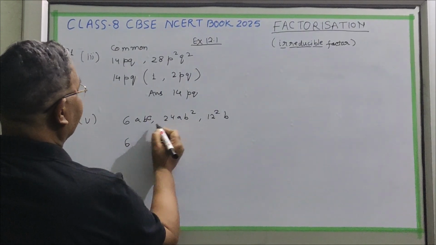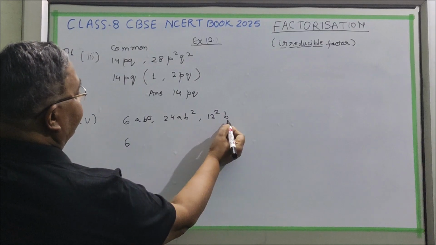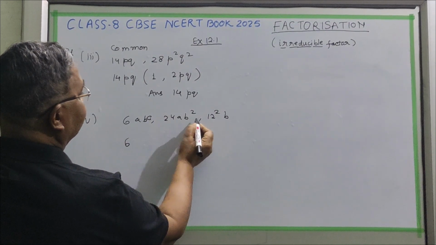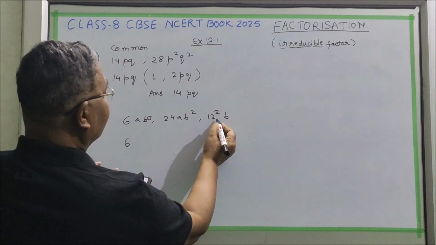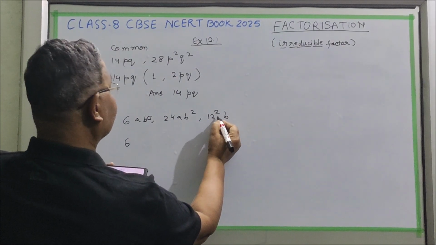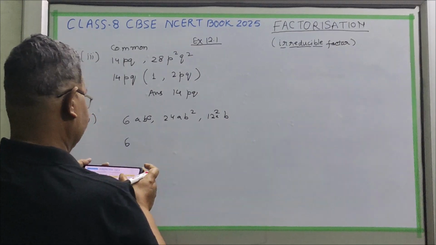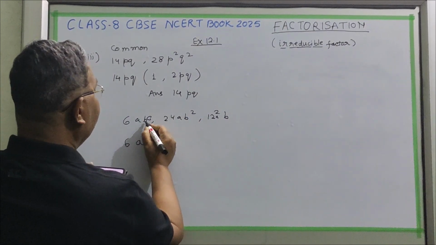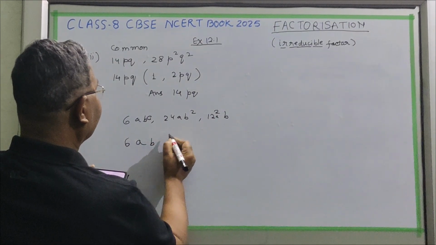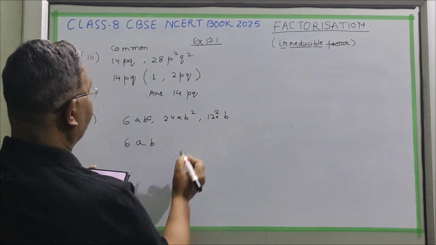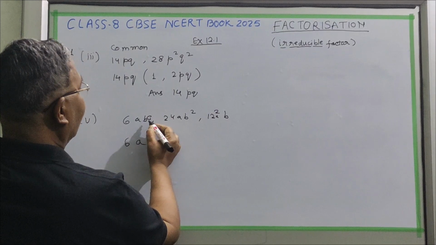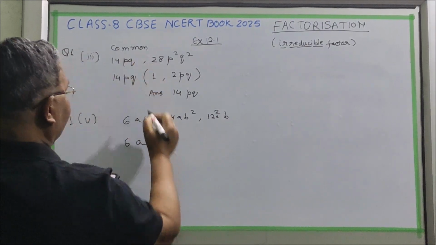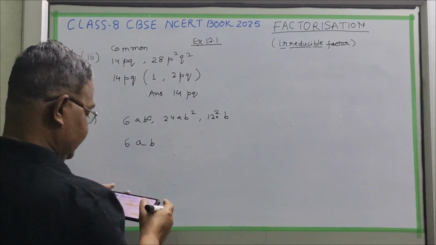A is not common, because A is not in the first term. B is common everywhere, but C is not common. So 6AB is common, and your common factor is 6AB. It is your answer.